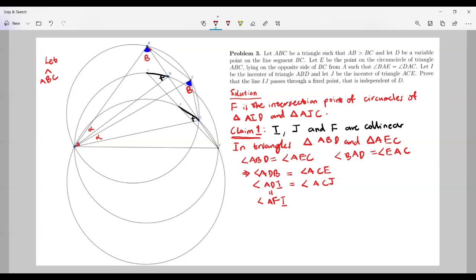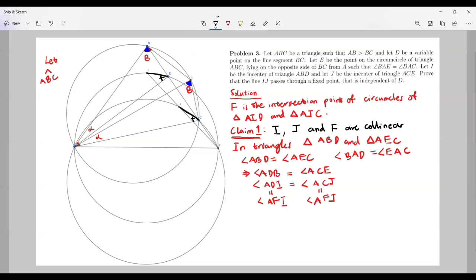Similarly, angle ACJ from the circumcircle of AJC, angles subtended by the chord AJ, is equal to angle AFJ. Let me just quickly mark that out.